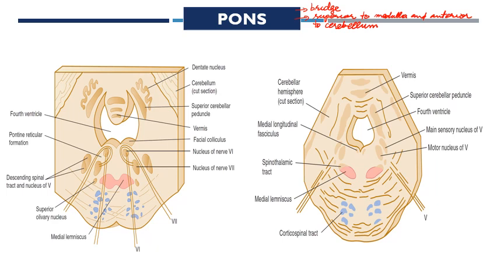The pons consists of number one, nuclei, number two, sensory tracts, number three, motor tracts.